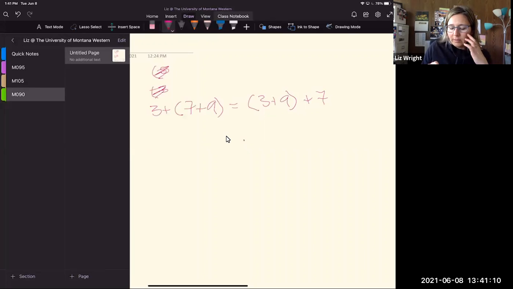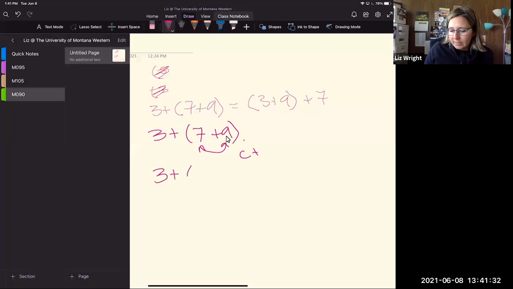So first, our options again are commutative and associative. Let's try commutative first. I want you to start with this side, 3 plus 7 plus 9, and we're going to try commutative. This is commutative of addition. So now we're going to have 3 plus 9 plus 7.